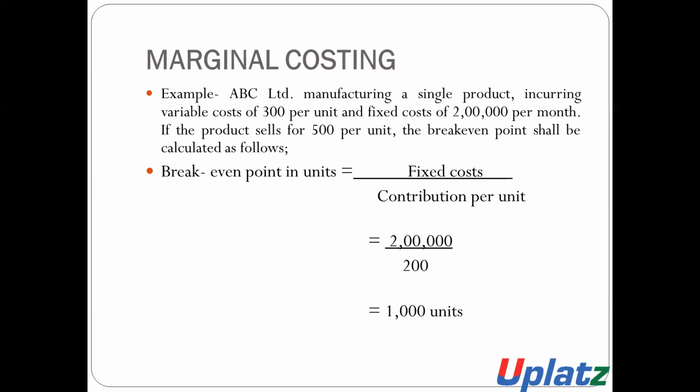When the company produces 1000 units, there will not be any profit or loss. Up to 1000 units, the contribution and the fixed cost will be the same. After 1000 units, the company will earn a profit. On the basis of this example, we have understood how to calculate the break-even point in units.